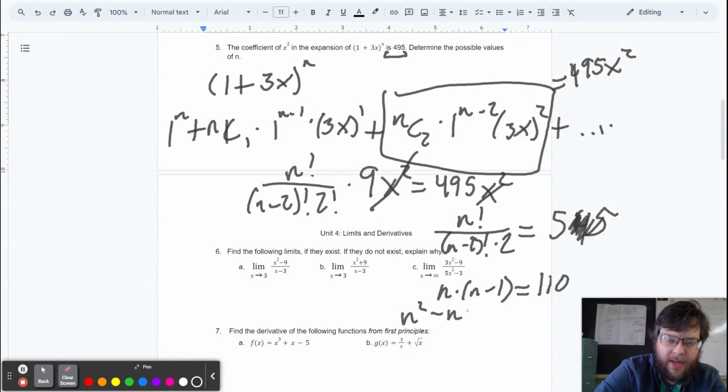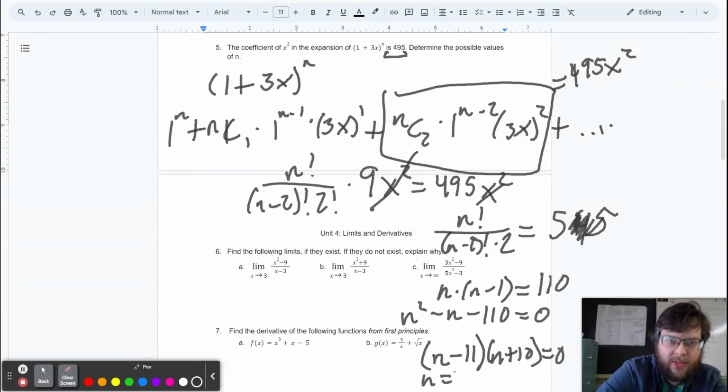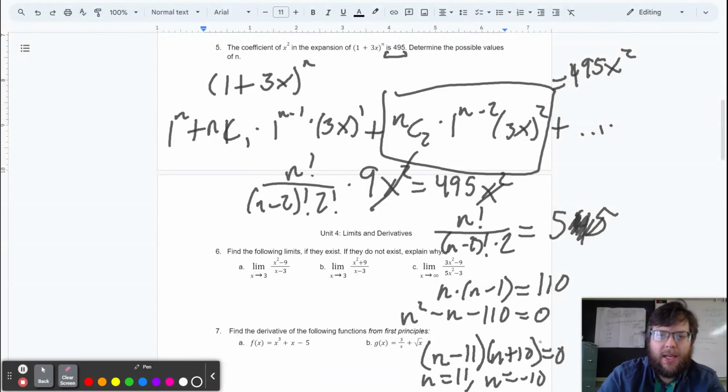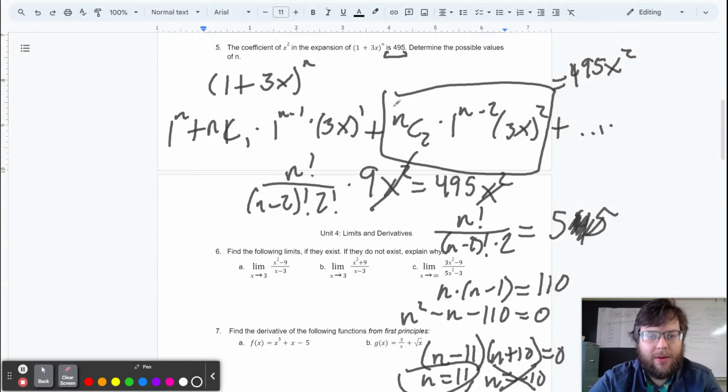So n squared minus n minus 110 makes 0. So I have to do n minus 11 and n plus 10. And so my two values of n are 11 or negative 10. But it's binomial, so only the positive term matters. So there you go. I'll pick up with the rest of the review when I get a chance to do that.